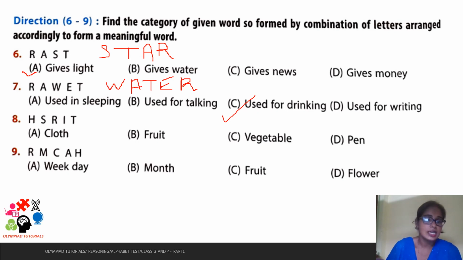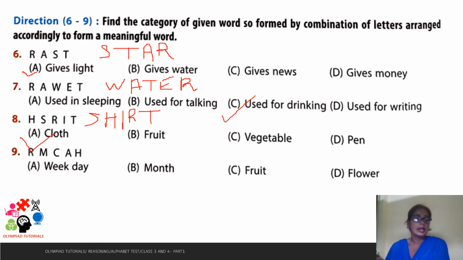Next, HSRIT, and the options are cloth, fruit, vegetable and pen. So just by observing the alphabets, you can frame the word as SHIRT, shirt. So shirt is an example of a cloth or a fabric. Okay. And last one, RMCAH.